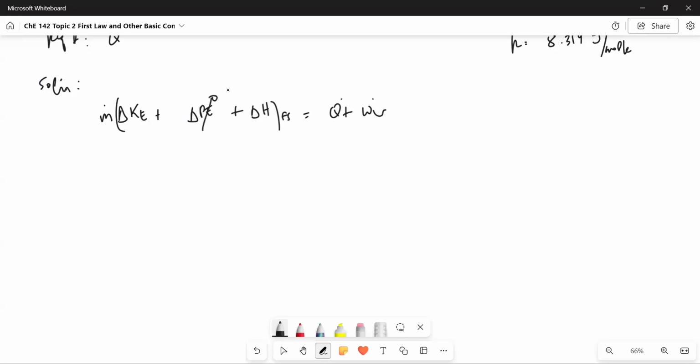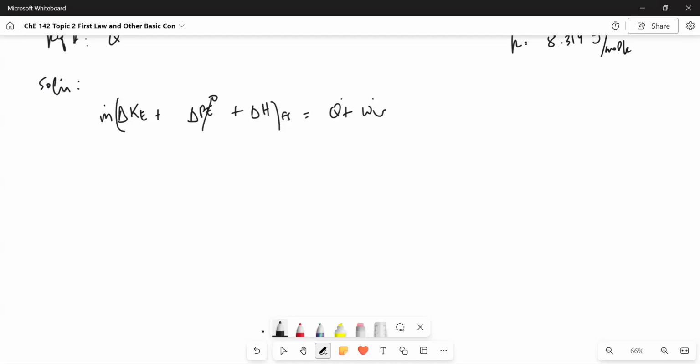Only this, only potential energy. So what else? Everything is already actually given in the problem. You just need to substitute the values.